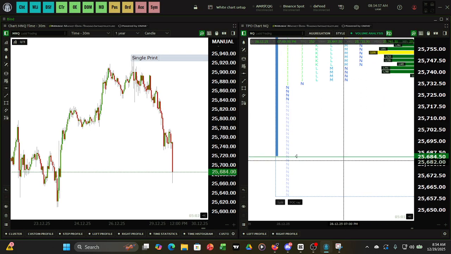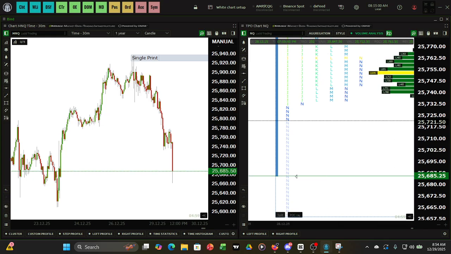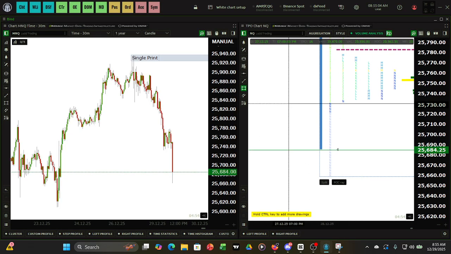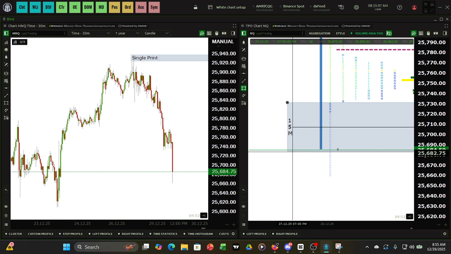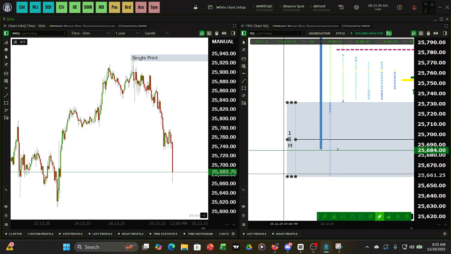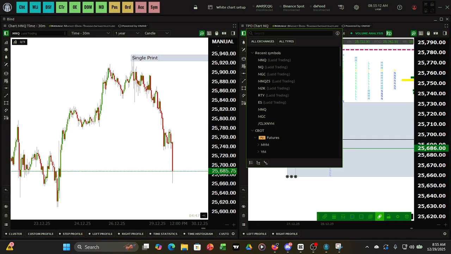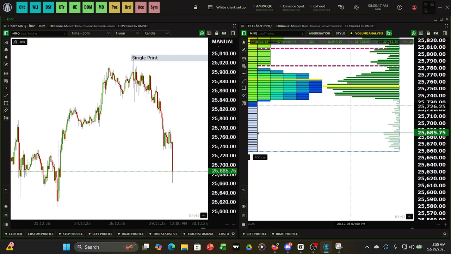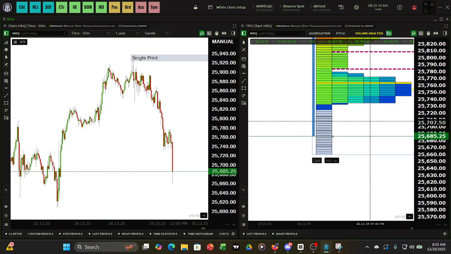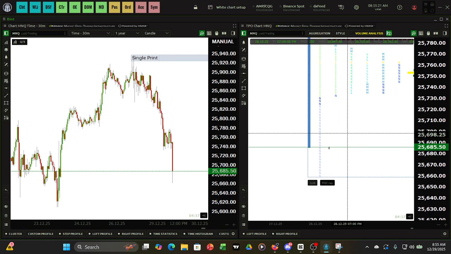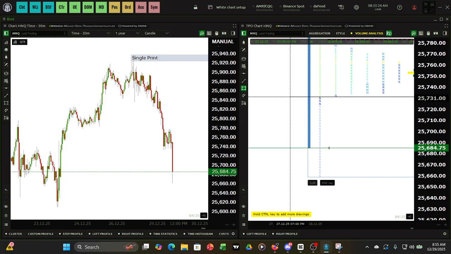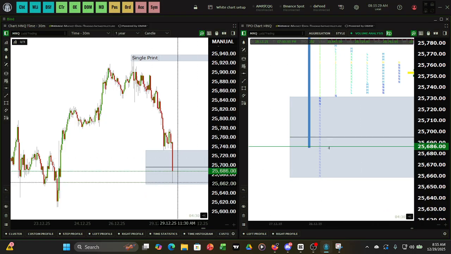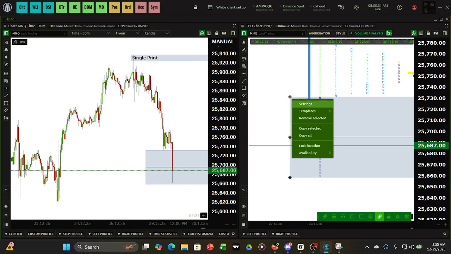All right, so we got a good amount of single print action going on. So this whole thing is now single prints.